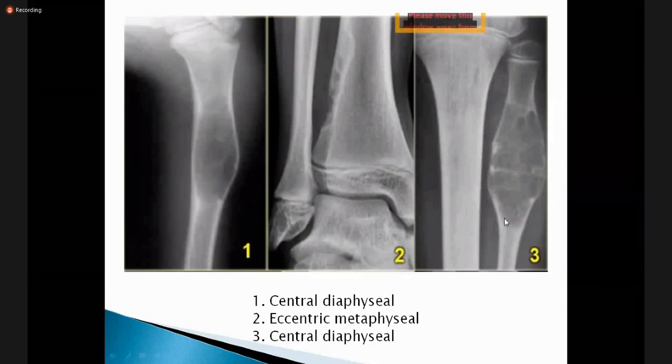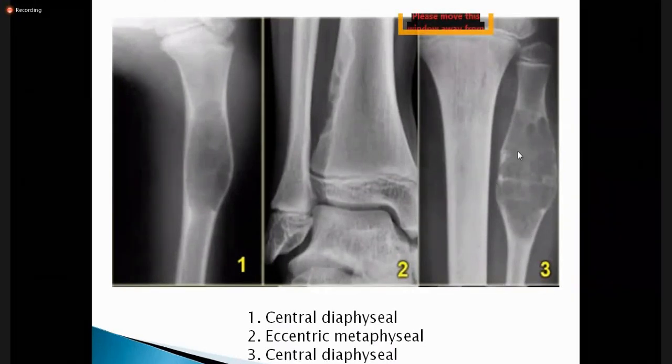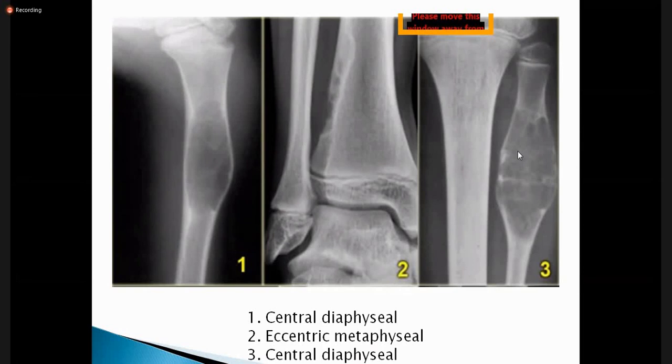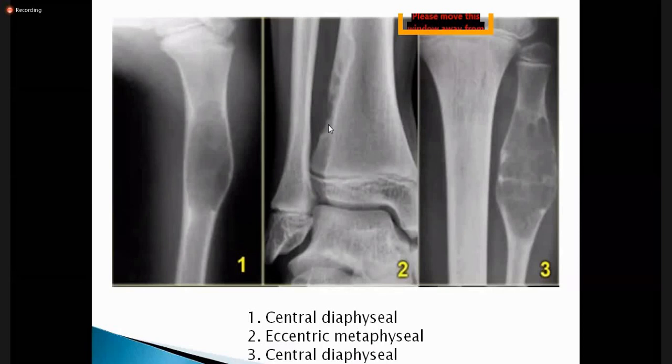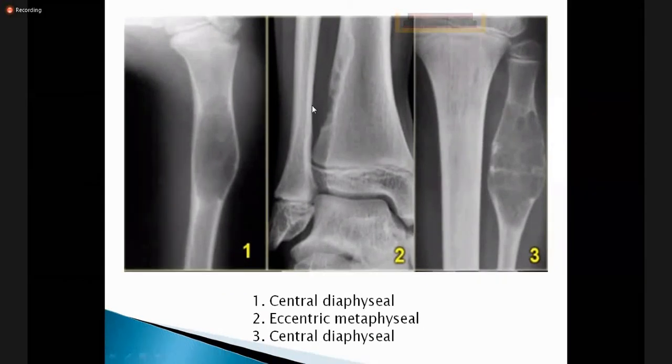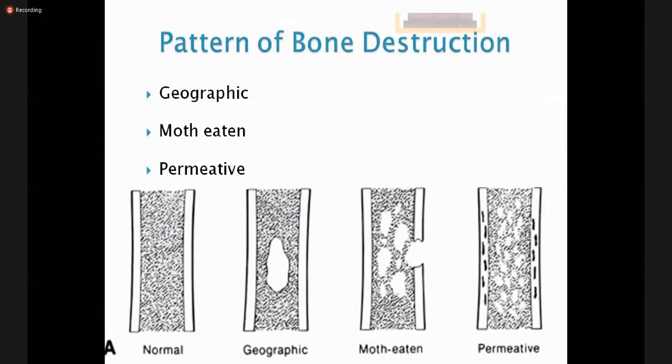And this is the central diaphyseal region because it is in the center. So we have to assess whether it is eccentric or central, or sometimes there are certain tumors within the cortex. In the small cortex, there are tumors like osteoid osteoma. It is the most common cortical-based lesion.